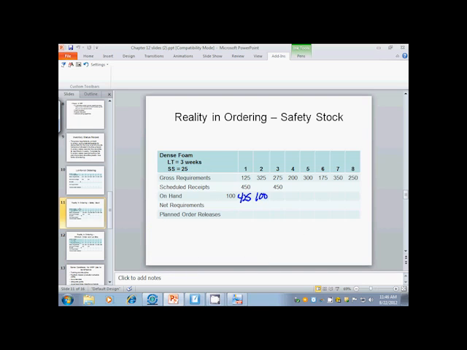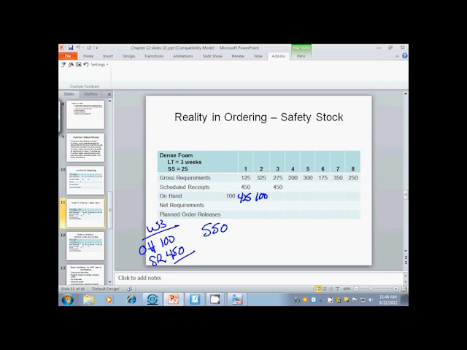Moving on to week 3. We have on hand in week 3, at the end of week 2, 100 units. We do have a scheduled receipt of 450 units. That gives us a total of 550 units to use.